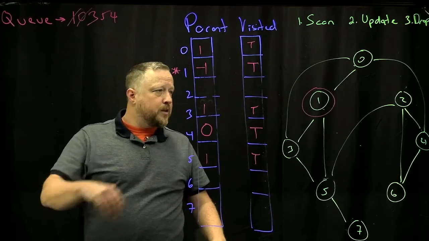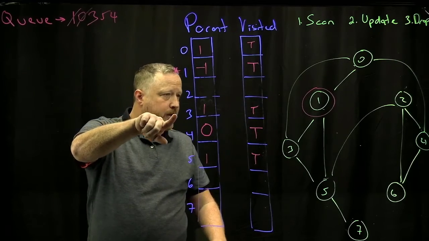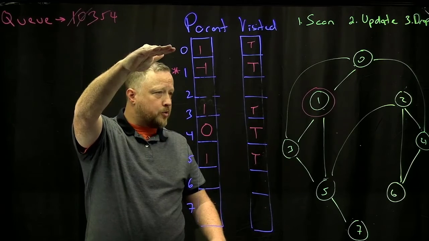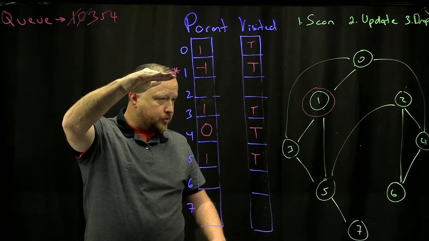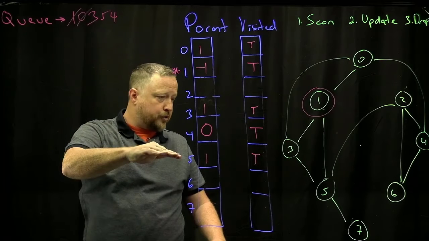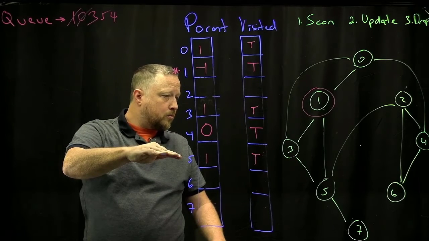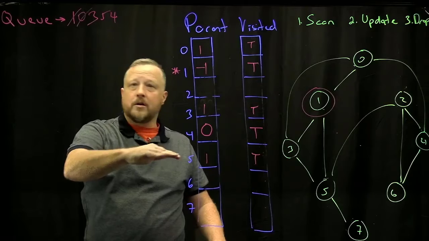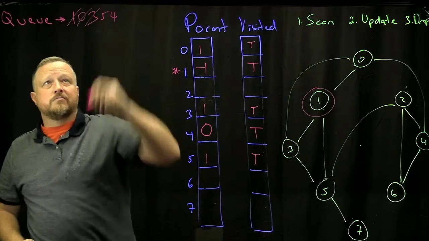Now we go to 3. 3 is connected to 0, which is already done, then 1, which is already done, and then 5, which is already done. So, yeah, 3 really didn't have anything done to it. Very interesting.